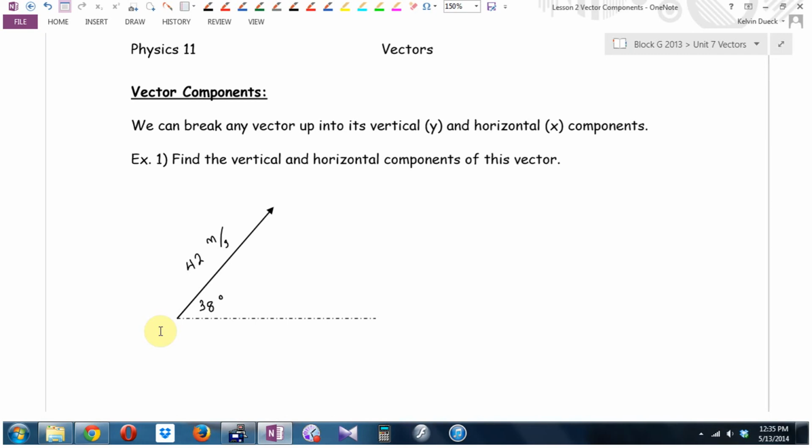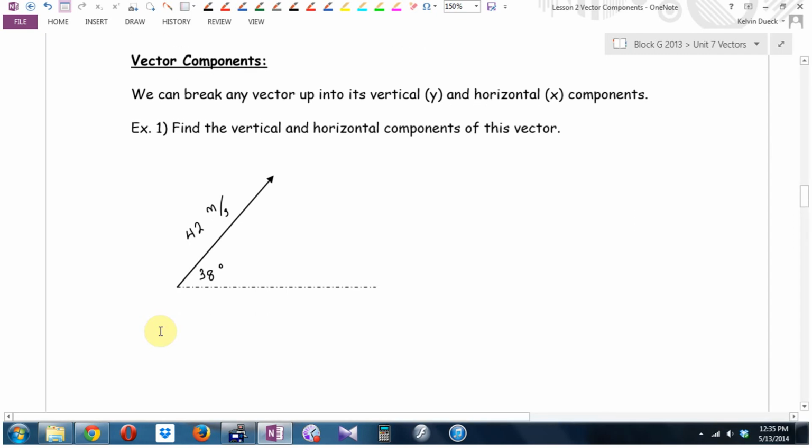It says, find the vertical and horizontal components of this vector. So if an object is traveling at 38 degrees above the horizon, 42 meters per second, we can break this up into up, down, and left, right by adding some lines like this. Draw that in.